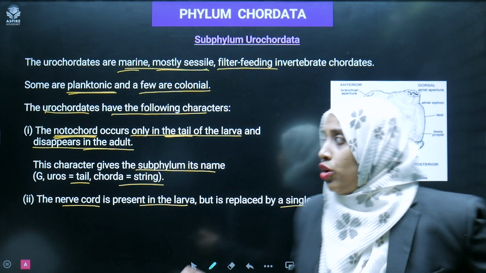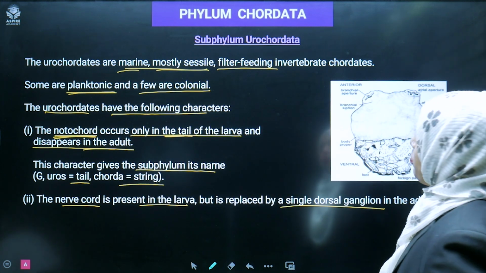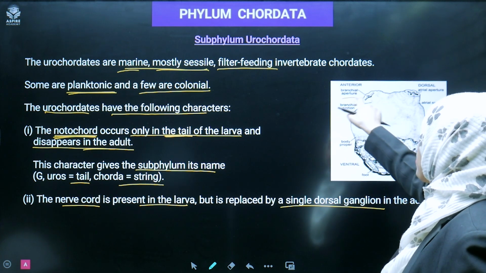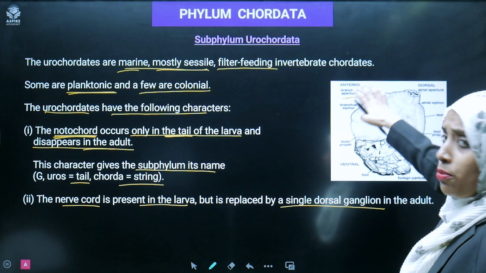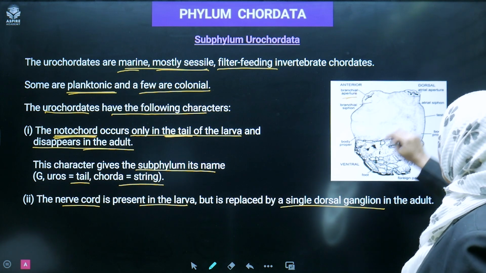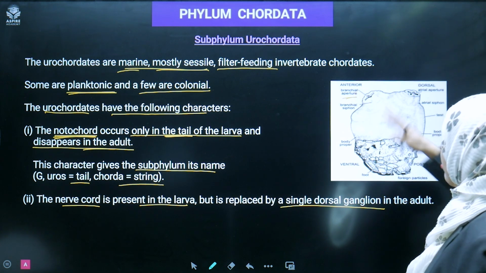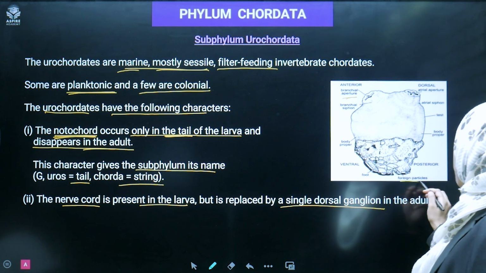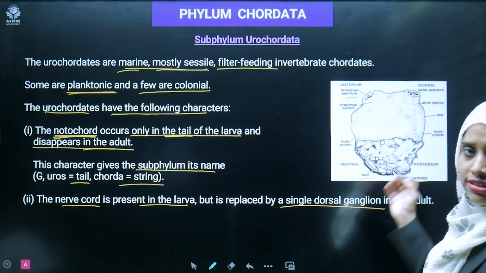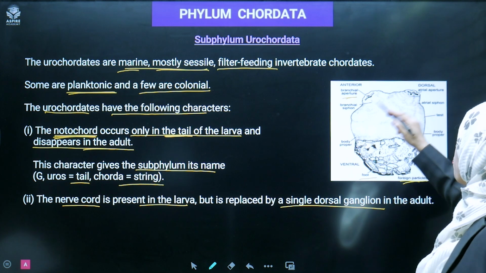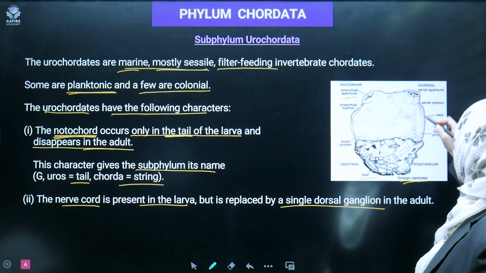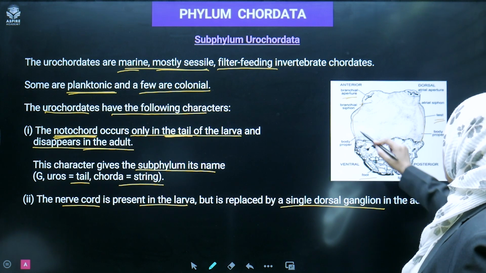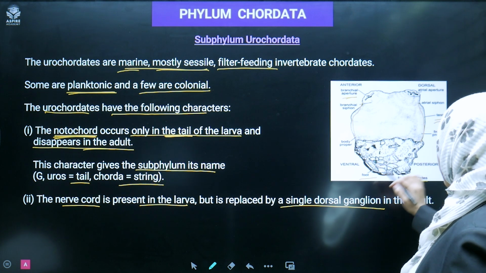So this is the diagram. ओके, बैलेनोग्लासिस जो कि यूरोकॉर्डेट से बिलोंग करता है, ये एंटीरियर रीजन है, ब्रैंकियल अपर्चर, ओके, दिस इज एंटीरियर पार्ट एंड दिस इज डॉर्सल, ठीक है, डॉर्सल वेंट्रल, दैट मींस ये डॉर्सल है, ये वेंट्रल है, एंटीरियर, एंड द बैक साइड इज पोस्टीरियर, ओके। देयर इज सर्टेन फॉरेन पार्टिकल्स आर देयर, फूट है, ये बैलेनोग्लासिस का फूट रीजन है। ये जो मेन बॉडी पार्ट है, दैट इज नोन एज टेस्ट, ठीक है। तो बॉडी प्रॉपर, दिस इज अ प्रॉपर बॉडी, ओके, ये सब वेंट्रल रीजन है.